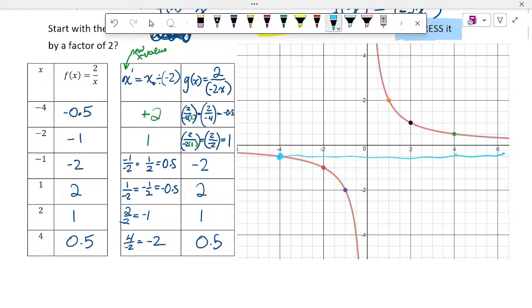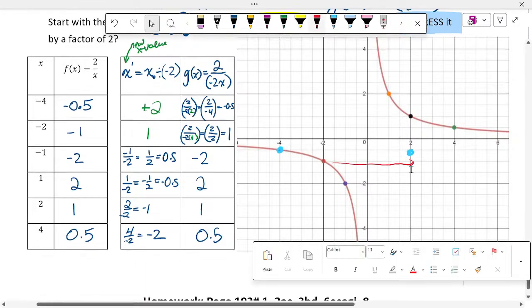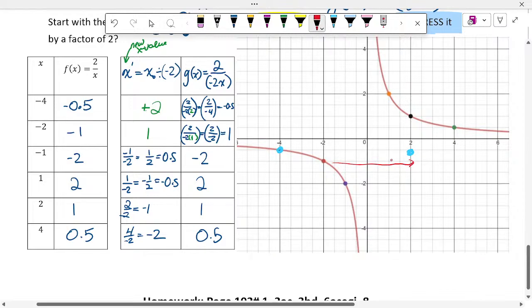So we flip it: negative 4 becomes positive 4. And then we compress it by half. So 4 will become 2. Good. What about this red point? We're going to flip it. So negative 2 will become positive 2. Then we're going to cut it in half, which means that positive 2 will become positive 1. Good.